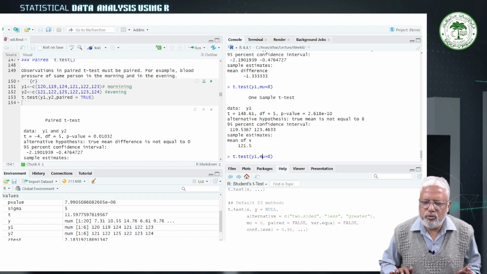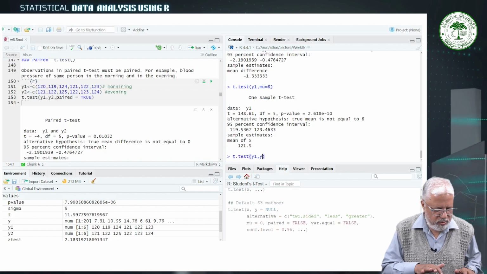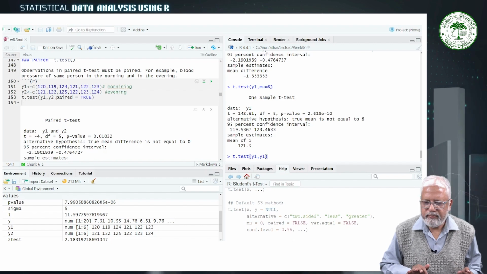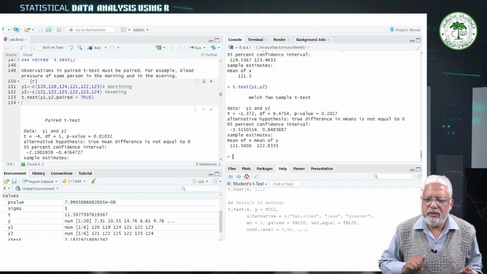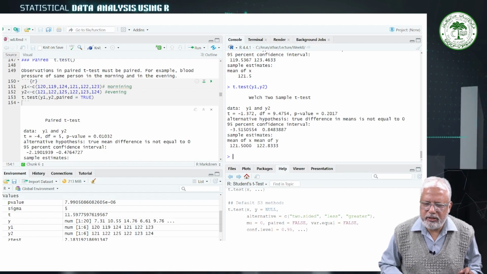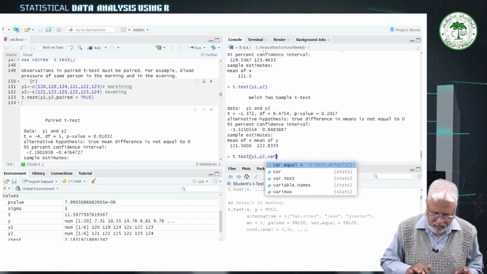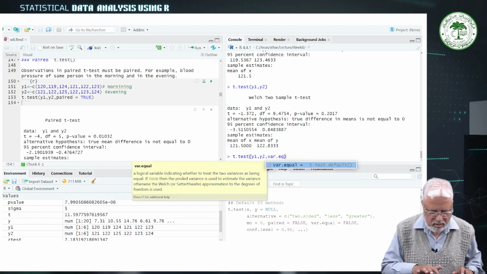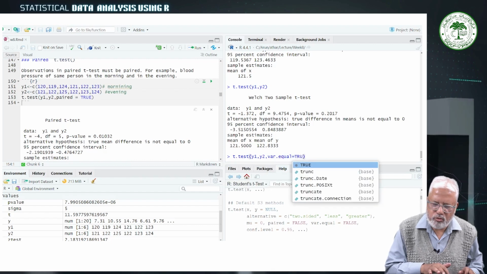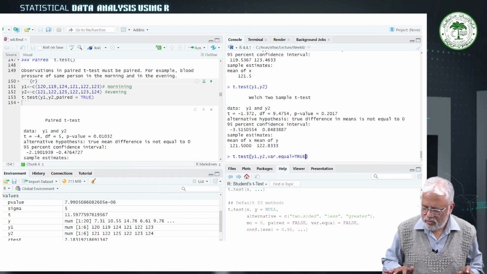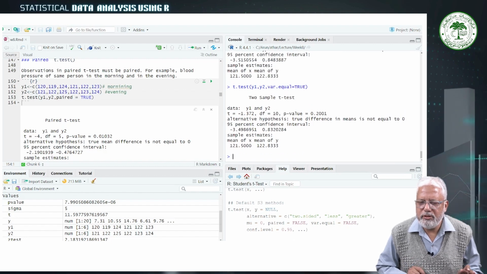When we are having two sample observations, y1 and y2, it is the two sample Welch test, and this is nothing but var.equal is equal to true. So this is var.equal true, the degree of freedom is this.